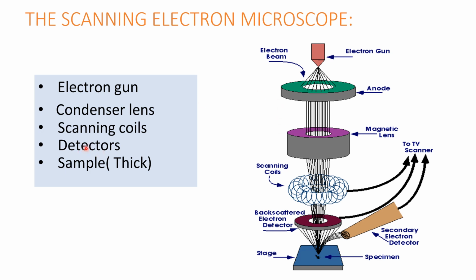After that, the scanning coils scan the surface of the specimen. Then the detectors detect the rays coming out from the specimen and identify them. After that, the sample comes at the bottom of this instrument.